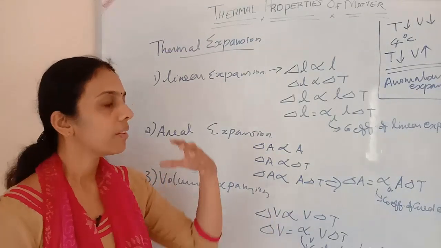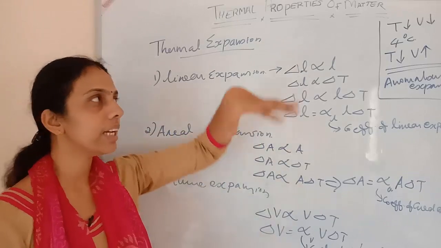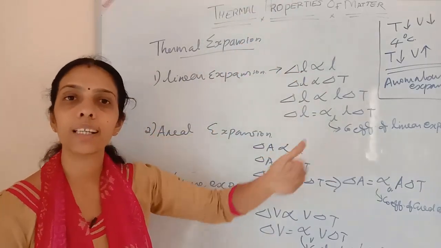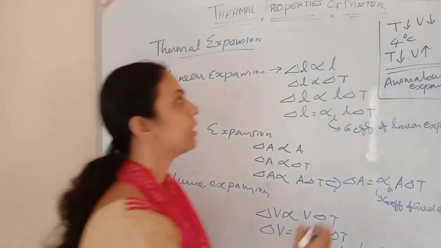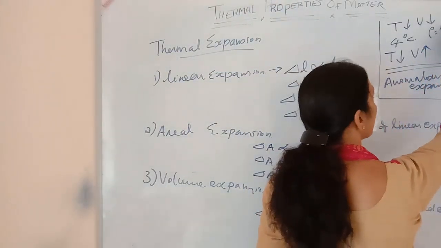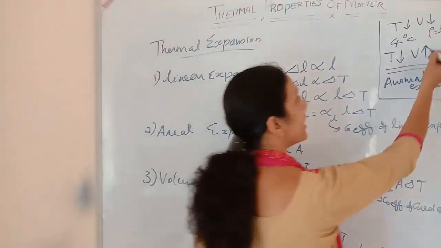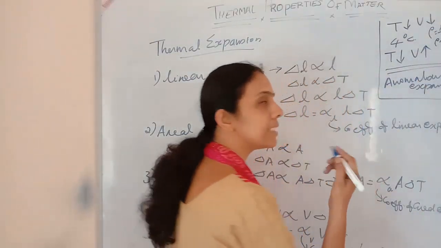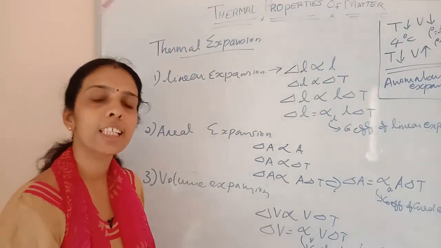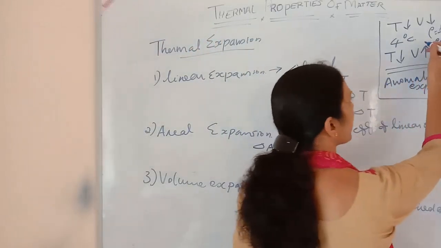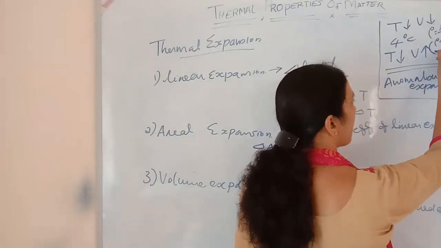Here, till 4 degrees Celsius volume will decrease. See, density equals mass by volume. As volume decreases, density will increase. If density increases, it will go down, and the rest will come up.